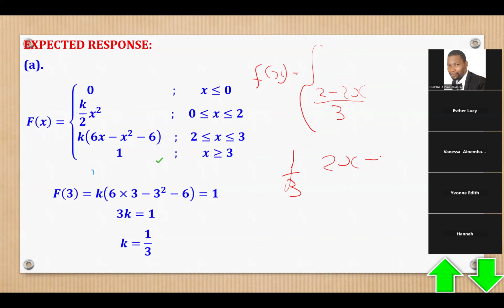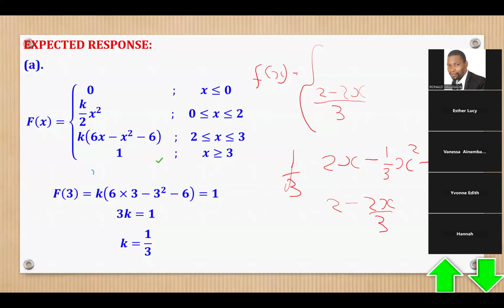I'm opening brackets, minus 2. Is that what you got? Yes. Then from there you differentiated to get 2 minus 2x out of 3.